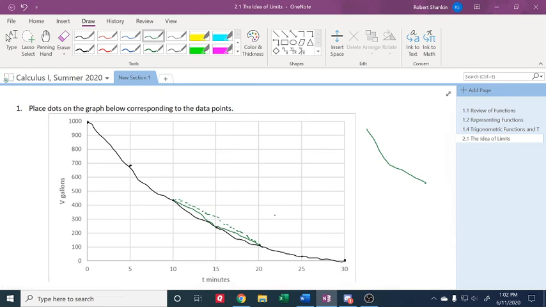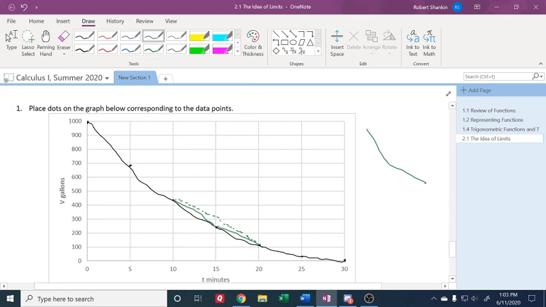And now what we did is we found the slopes. We found this first slope to be like negative 38.8, and this next slope to be negative 20-something? 27.8. 27.8, and this one to be in between, negative 33.3.